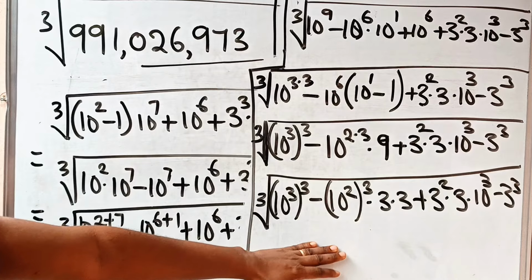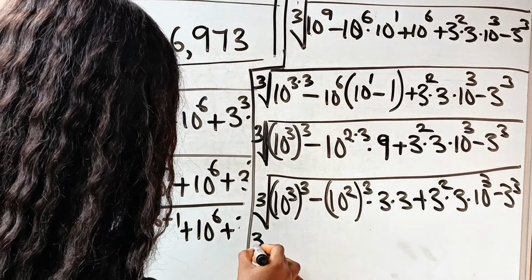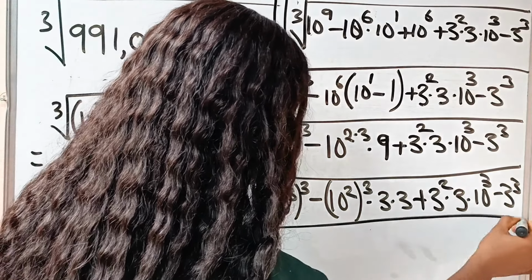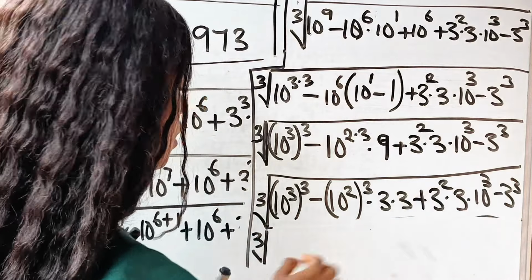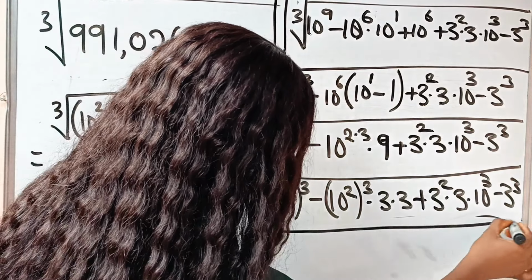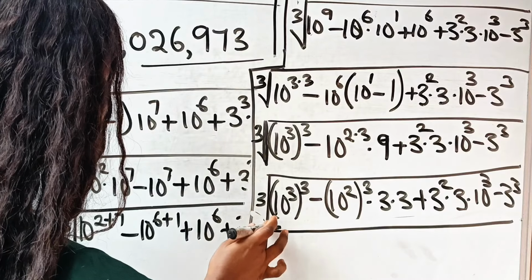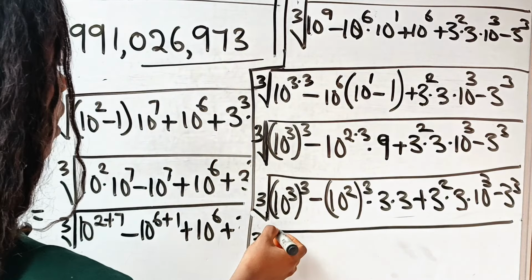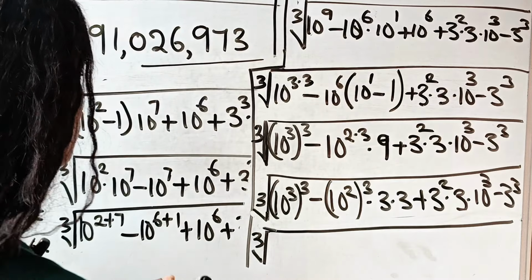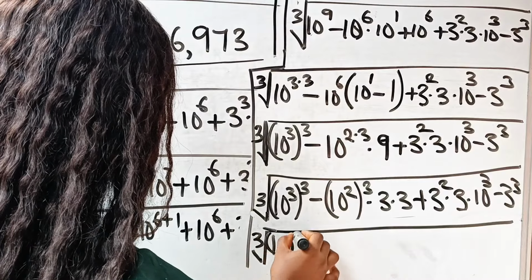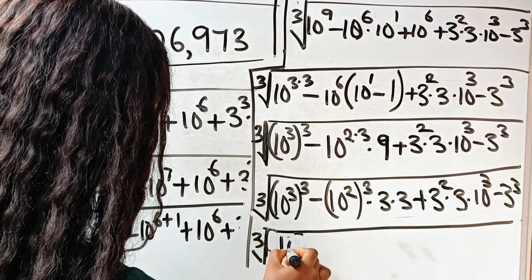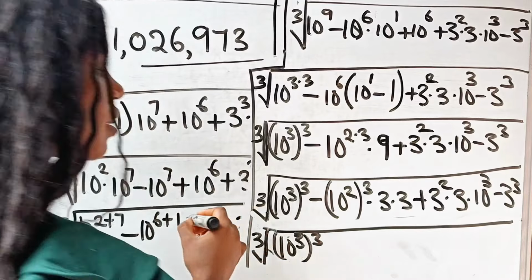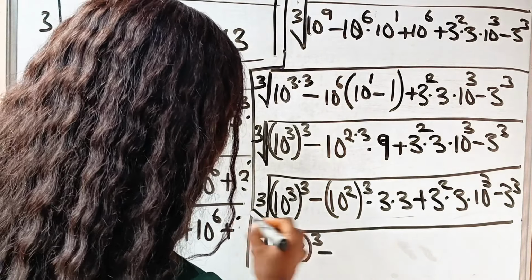Okay, one more line. I think you can see that. So we have cube root of 10 to the power of 3 raised to the power of 3 as well, minus.